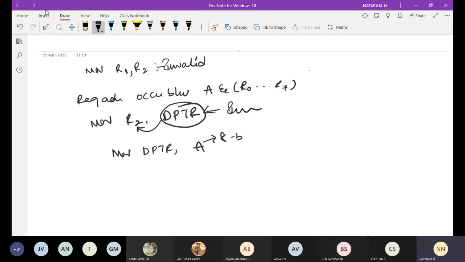This 8-bit value we cannot store in the 16-bit DPTR. If I give this instruction, it will show an error. Why? Because 8-bit to 16-bit we cannot store. These are some invalid instructions.